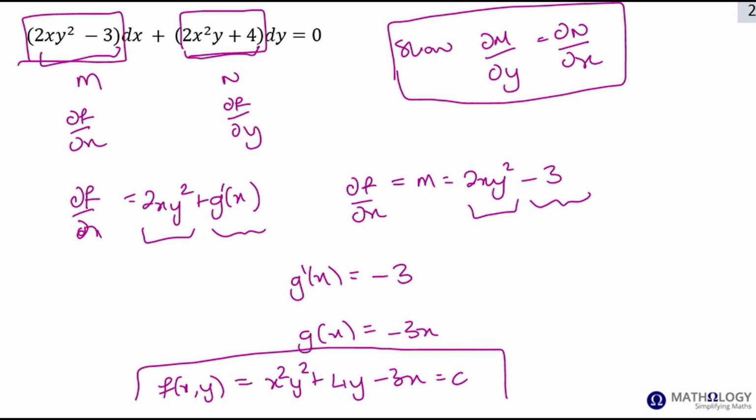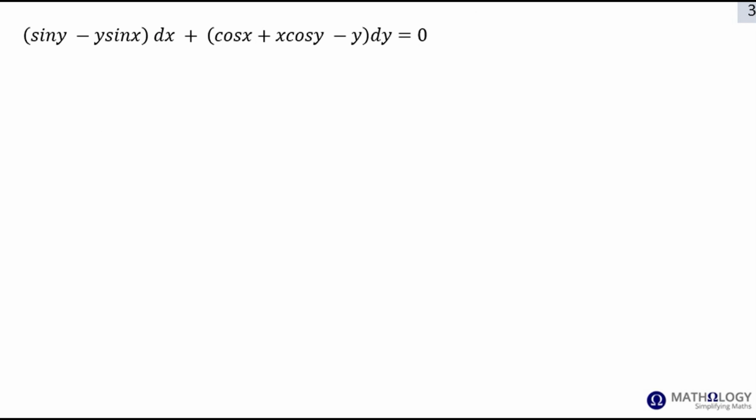And that's the same expression we got when we started with m. Okay, again, this differential equation is in the M-N form, so sine y minus y sine x will be m, and cos x plus x cos y minus y will be n.